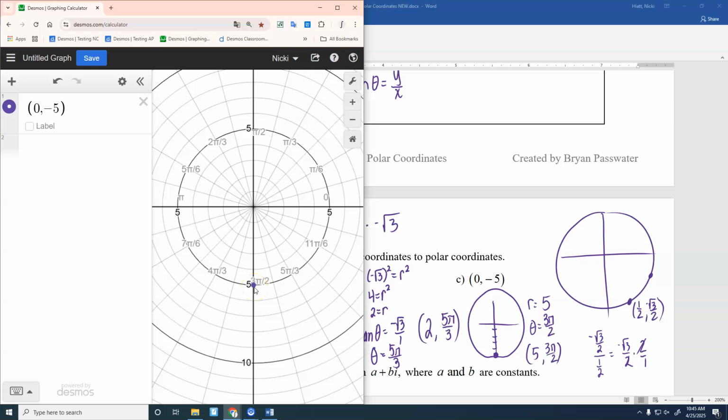So if you graph the rectangular coordinates and then change your background to polar, it should give you the right thing. But if I try to type in 5, 3 pi over 2, it's not going to graph that correctly. It can't graph the polar coordinates for that.